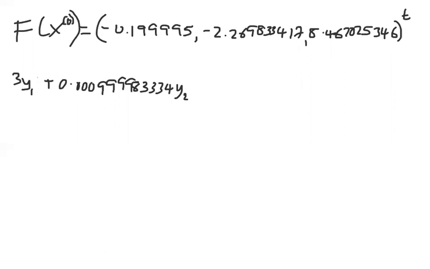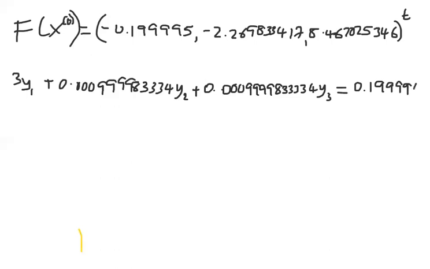Okay, you can do that, and then the other expression you're going to get will be the same value, 0.00099999 833334 y3, and this will be equal to the negative of f. So this will be equal to the first value there, multiplied by a negative. So it will now be 0.199995, right?